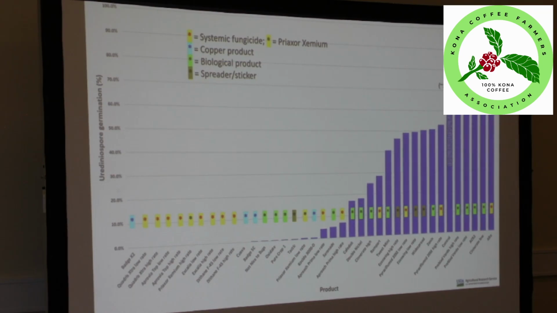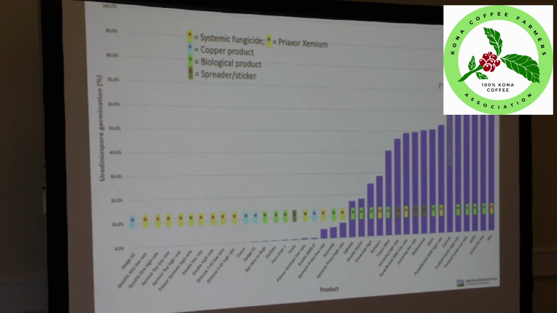I'll point out that towards the right side is the control, which is just mixing the spores with water. On average, for the close to 30 times collecting spores at various times of the year at various locations, the average germination rate is approximately 55%.